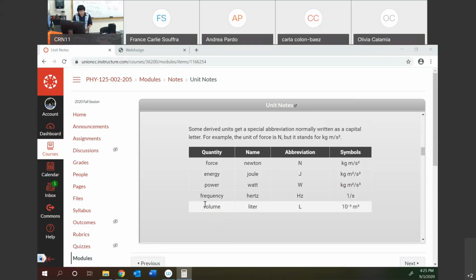And then volume, yes, we said volume is meter cube, but also can be liters. All right? So for volume, you have 2 standard units. It can be meters cube, which is the one that we commonly use for problems, but it can also be given to you guys in liters, right?